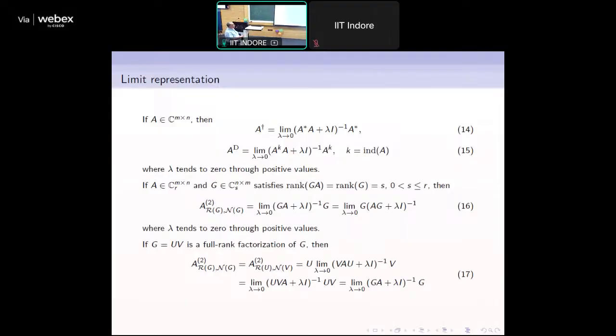The Drazin inverse is related to rank-invariant powers, A to the power k, where k is the index of A. If we replace A star and A to the power k with an arbitrary matrix, we obtain the outer inverse.